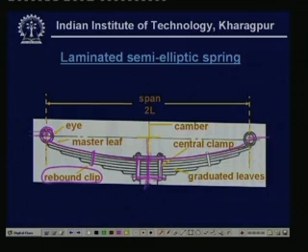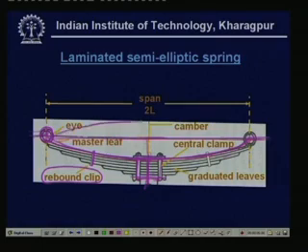Another thing is this camber; why is this camber provided? See what is happening: this camber is provided so that under the action of the maximum load, when this spring deflects, at the most it can take a straight portion.